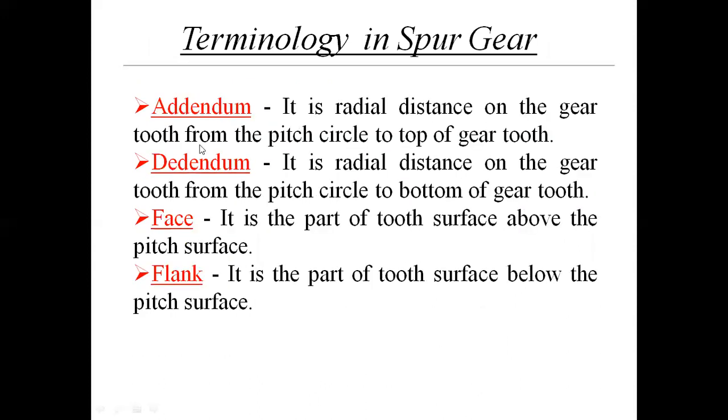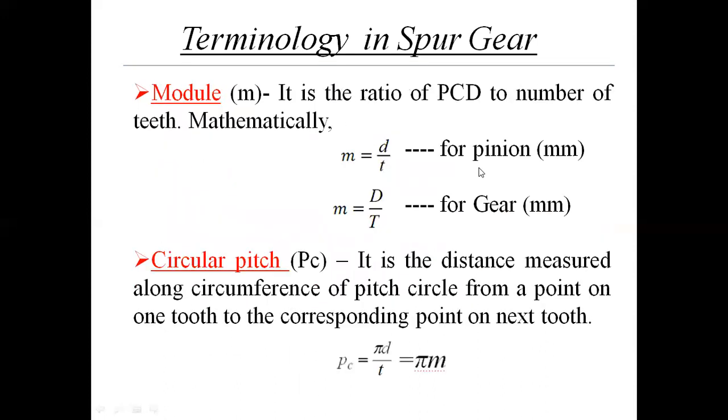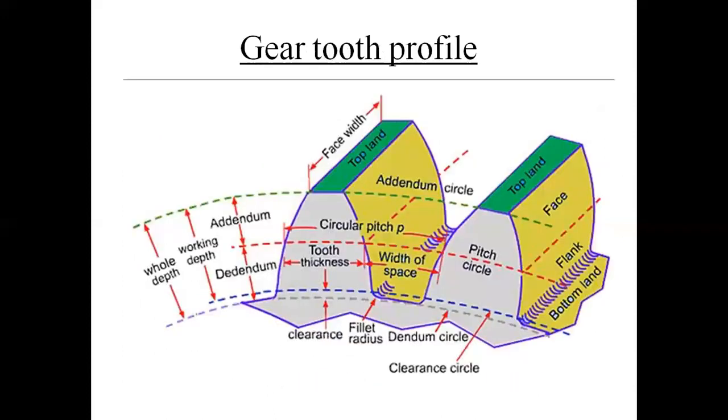Next is addendum. It is the radial distance on the gear tooth from the pitch circle to the top of the gear. Again, you can see in this figure, this is a radial distance. This line will pass through the center of the gear.